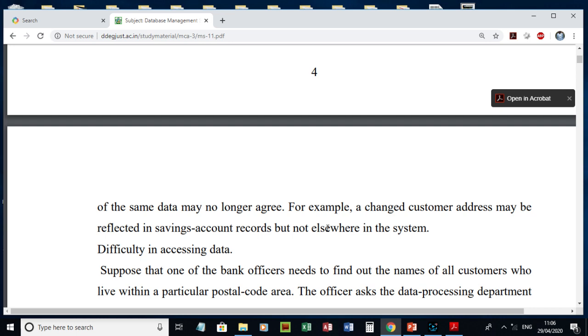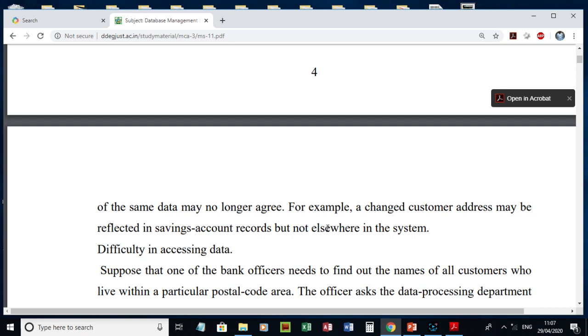The departments are not interrelated, so an invoice may go out to the wrong address because it has not been updated.